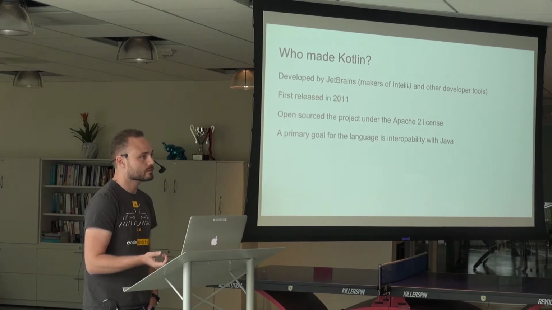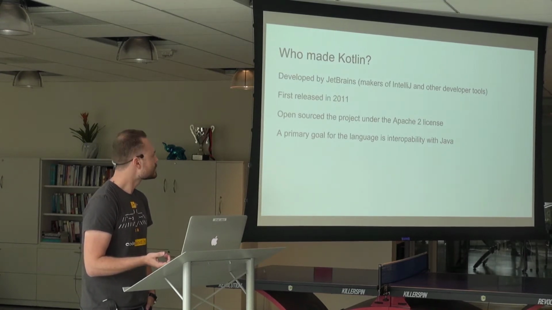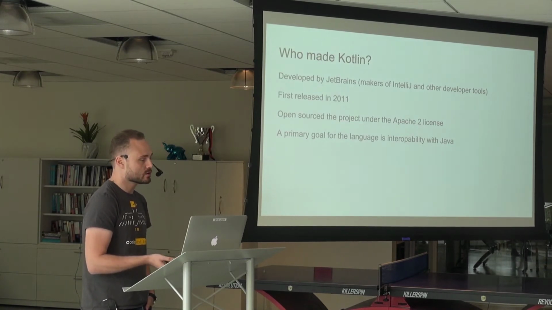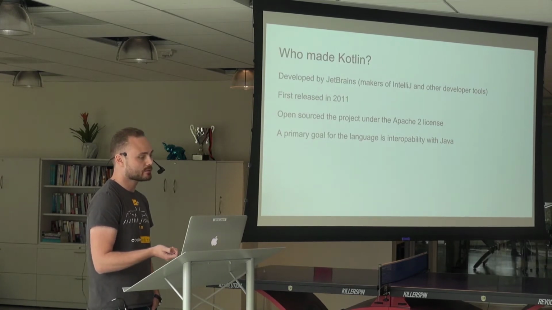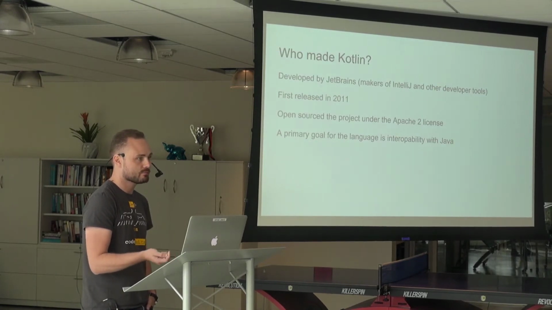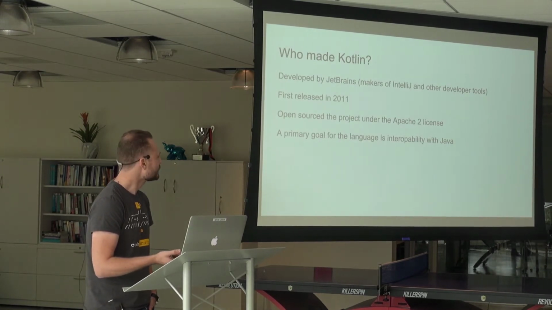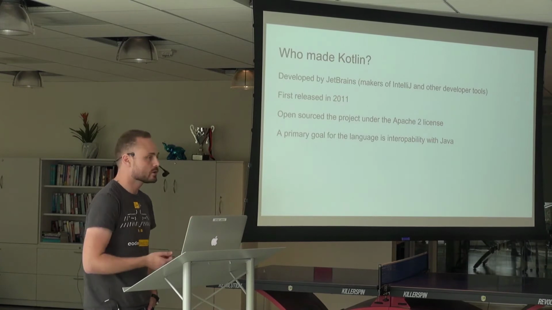So long before 1.0, it had been really hardened. They introduced Kotlin to their own 10-year-old code base as they were developing it, and they paid a lot of attention to making sure projects which mix Java and Kotlin work very smoothly, with a primary goal of the language being interoperability with Java.